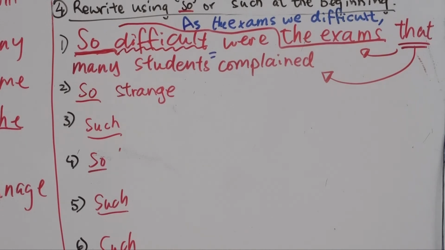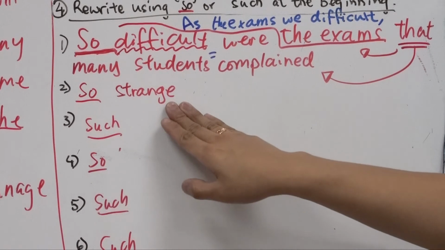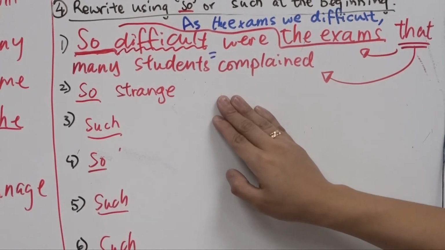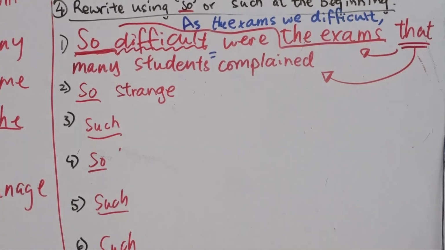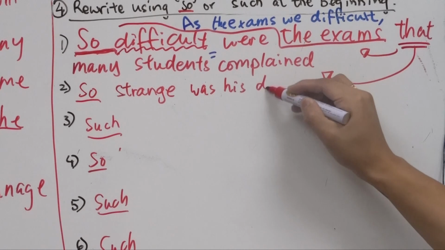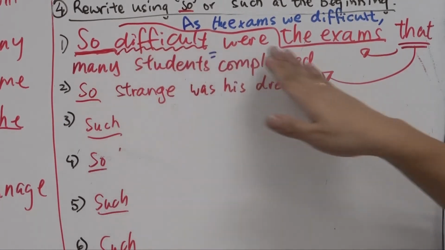Like so difficult were the exams. So strange was his dream. Sorry, it's just one dream, not dreams. So strange was his dream. So this is the first part of the sentence.